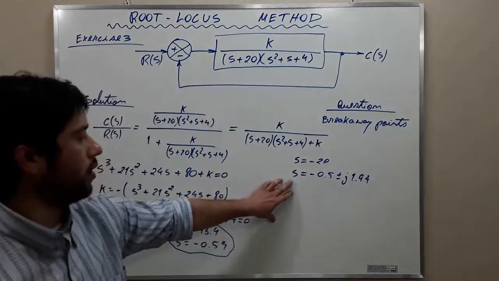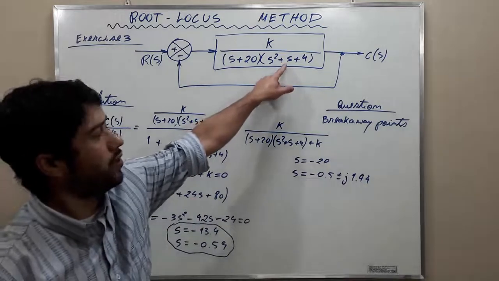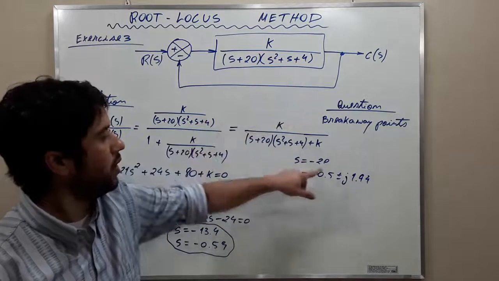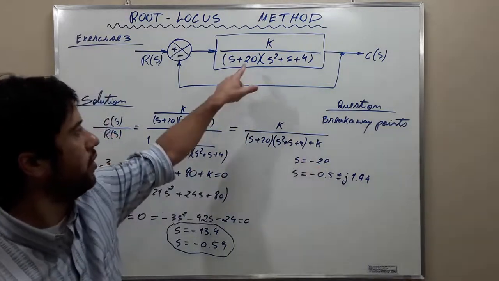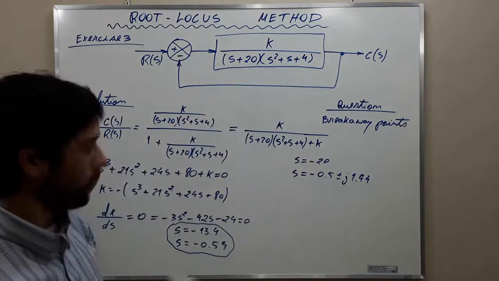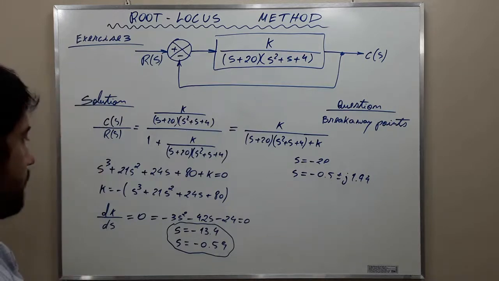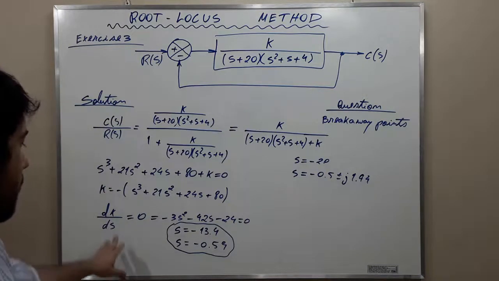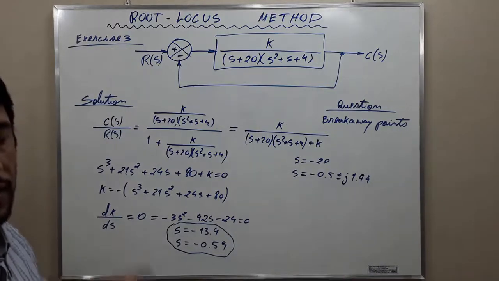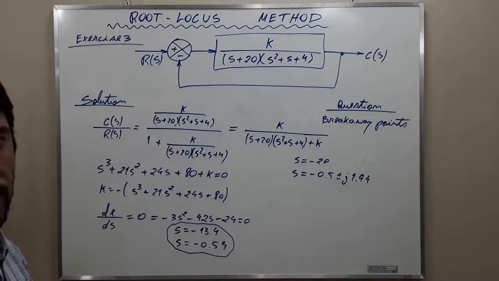These complex conjugate open loop poles are the roots of this equation, and S equal to minus 20 is the root of this equation here. Okay? Now we need to assess whether the breakaway points lie in the root locus along the real axis.